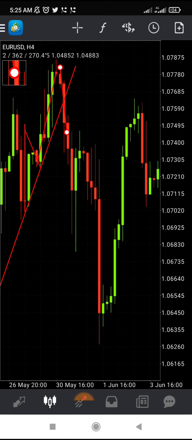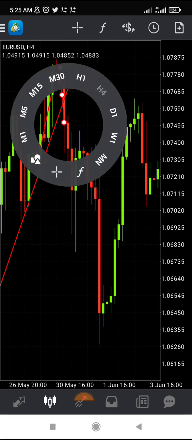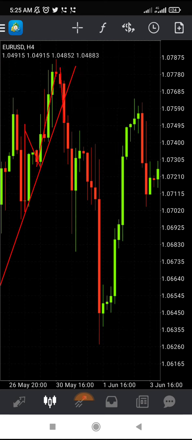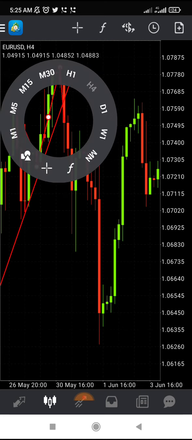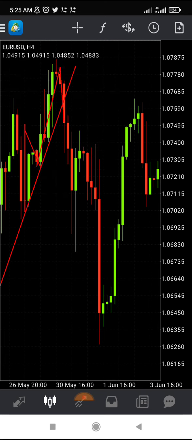You can see that this leg breaks the trend line. When we say it breaks the trend line, that means it closes below the trend line. Once it closes above the trend line, that means it's yet to break the trend line, right? So when we say a candle breaks a trend line, that means it's closed below the trend line.